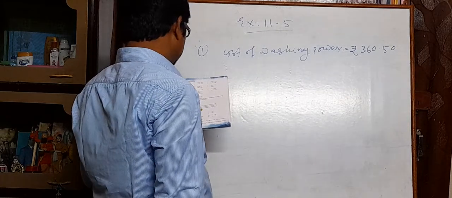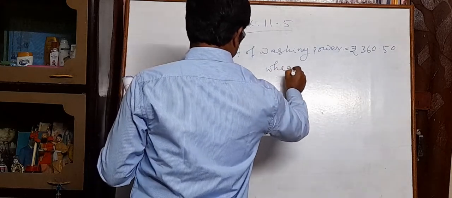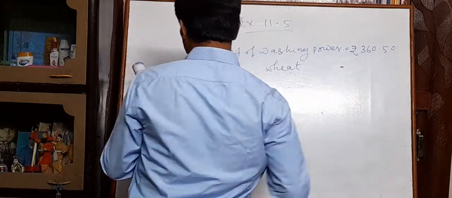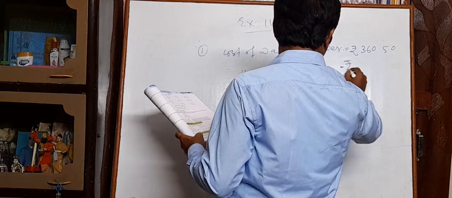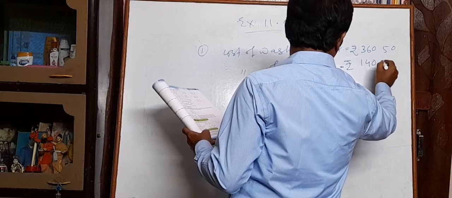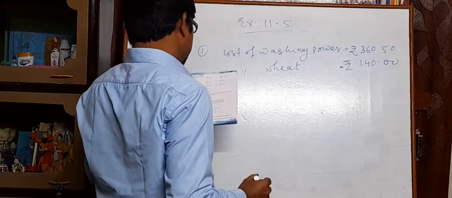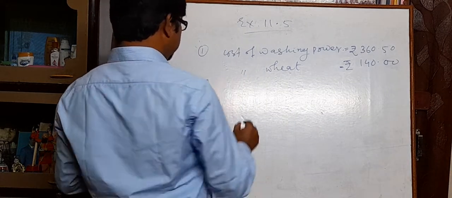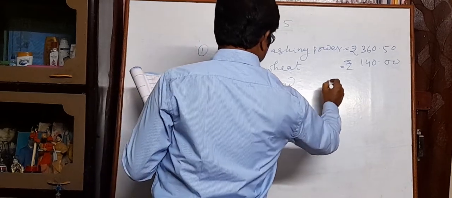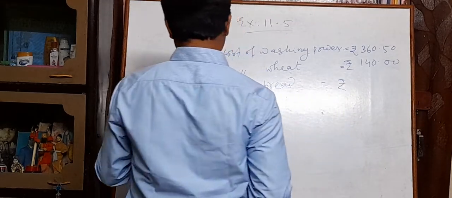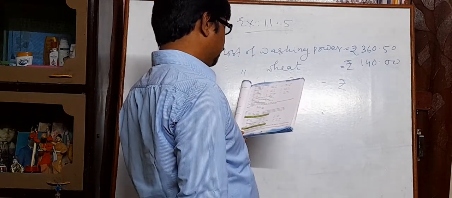And the cost of wheat, what is the cost of wheat? Cost of wheat is rupees 140. Rupees 140 will be written as 140.00. And then the cost of bread is equal to rupees, what is the cost of bread? Cost of bread is 27 rupees 50 paisa.